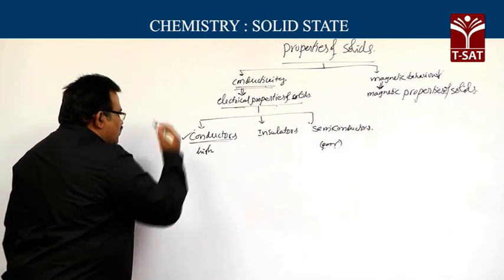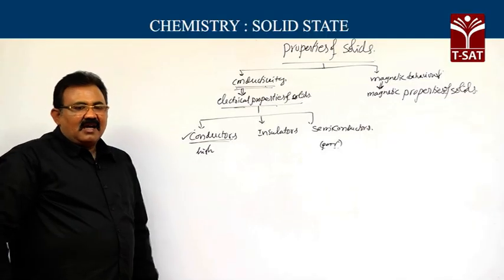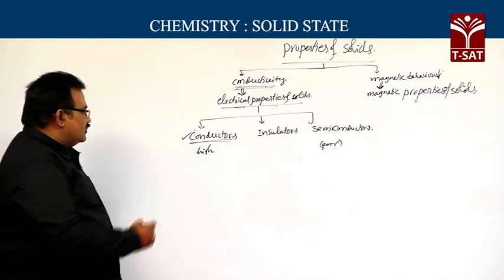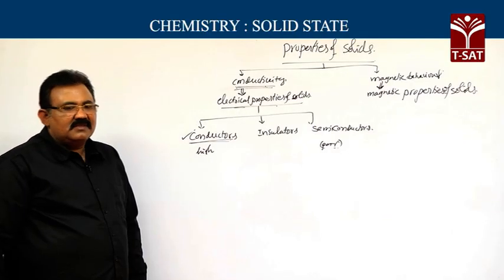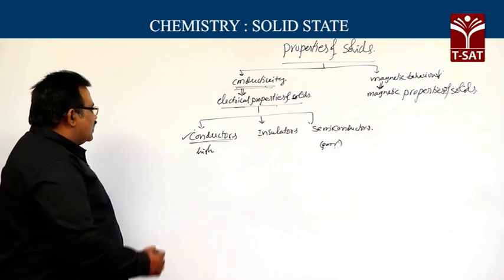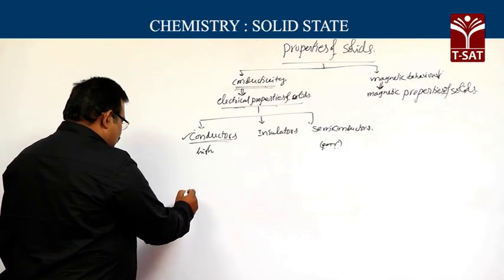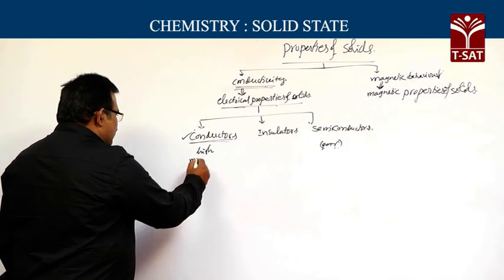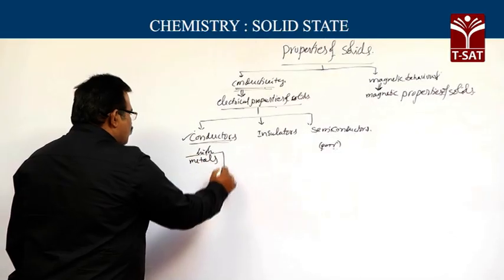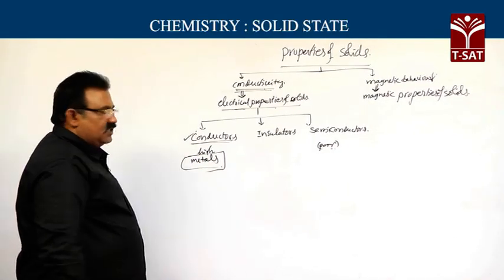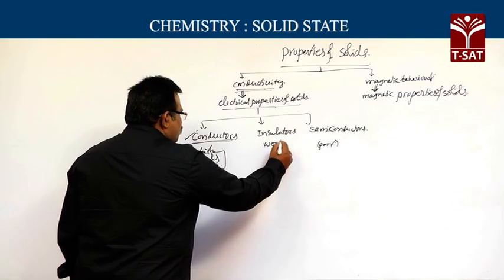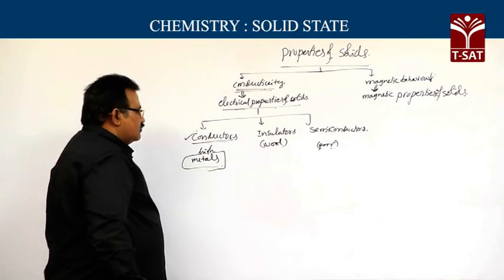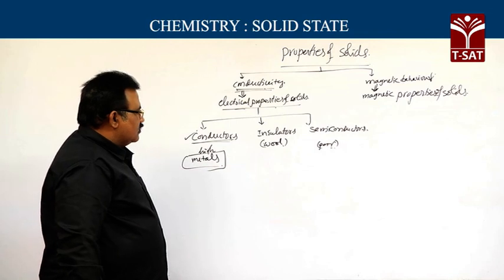Why do conductors have high conduction capacity? This can be explained on the basis of valency band and conduction band. Suppose metals are good conductors of heat and electricity. For insulators, take wood, they are non-conductors.